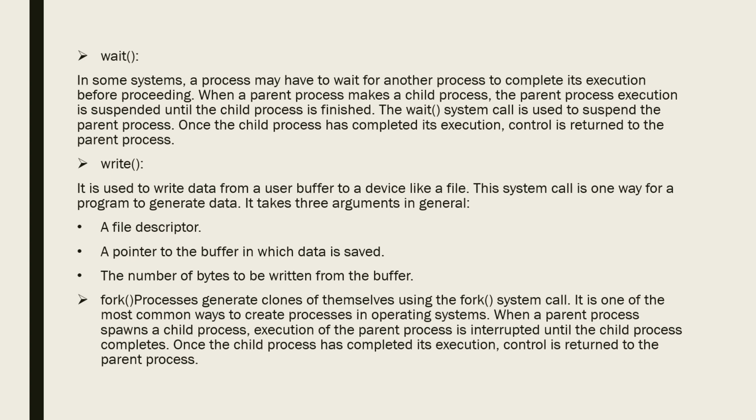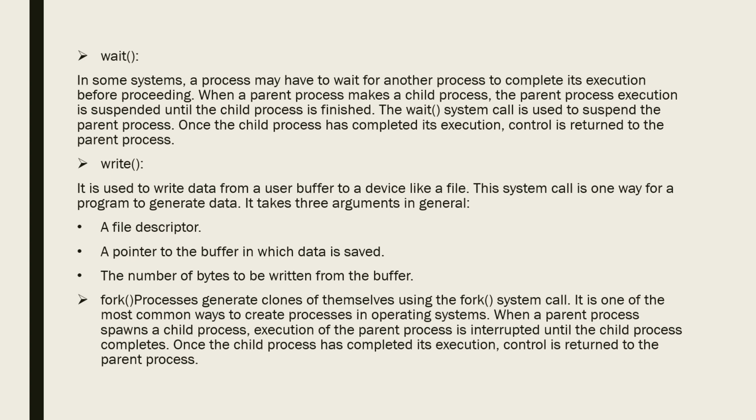In this type of process that has a parent-child relationship, the parent process stops its execution till the termination of the child process. The wait system call is used to suspend the parent process. Once the child process has completed its execution, control is returned to the parent process.